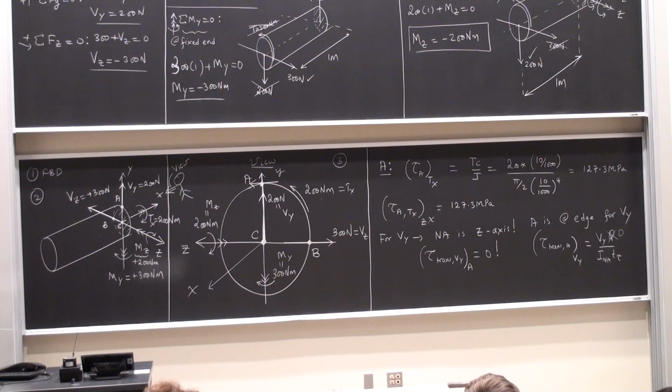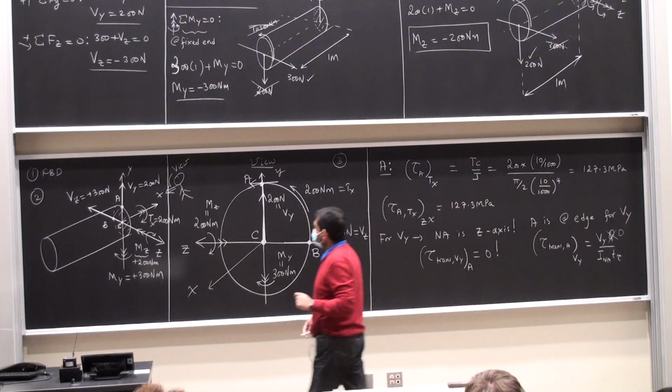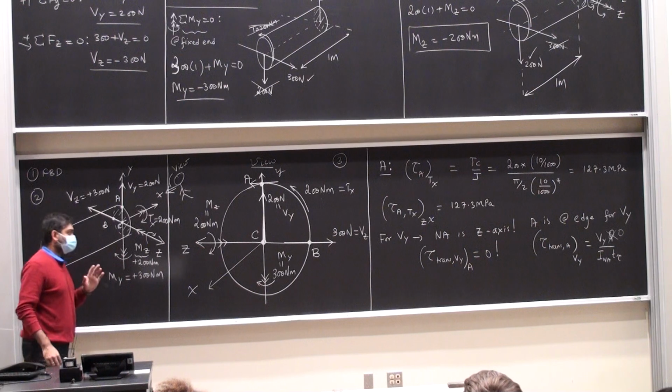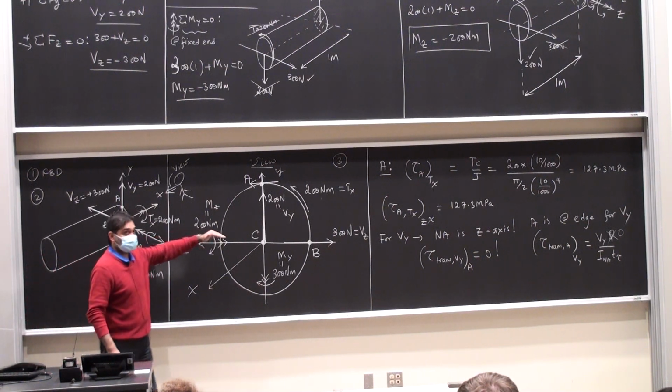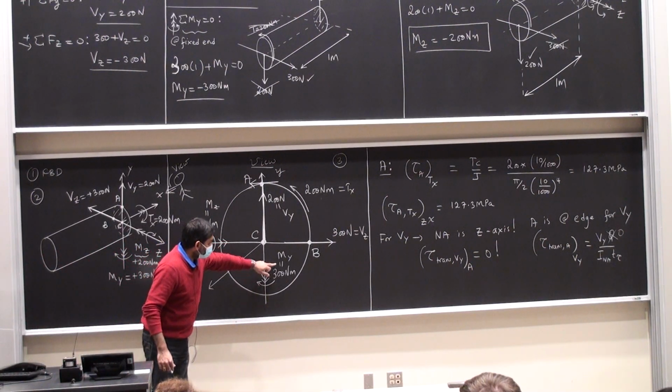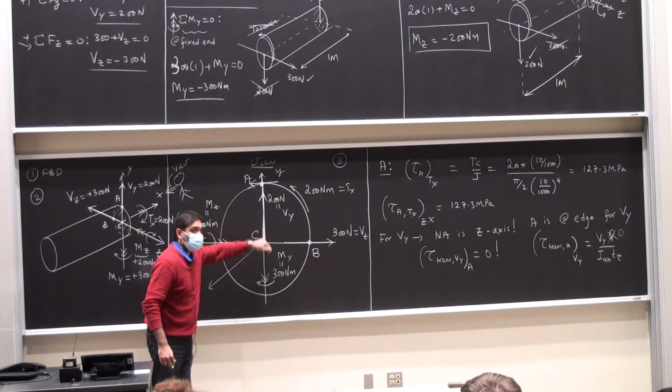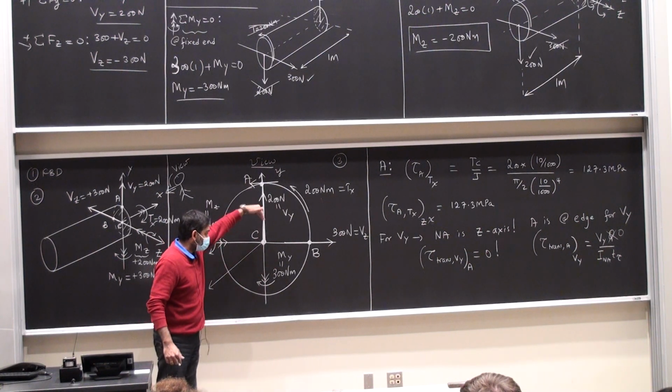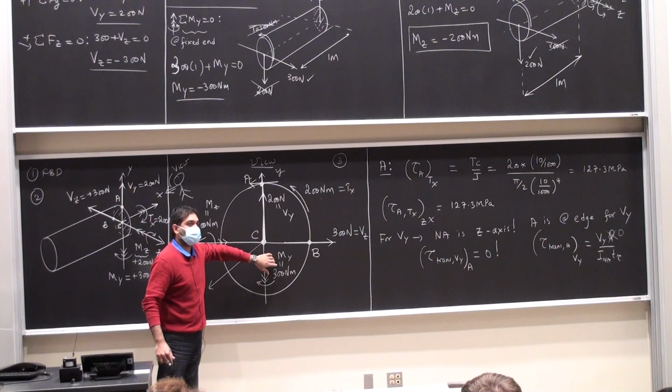Okay, yes sir. Could you just explain again why the z-axis is the neutral axis? Why is it the neutral axis, so there's a long and a short explanation. You consider the bending axis. If you consider a bending stress or bending moment, the axis of the moment is the neutral axis for that bending moment.